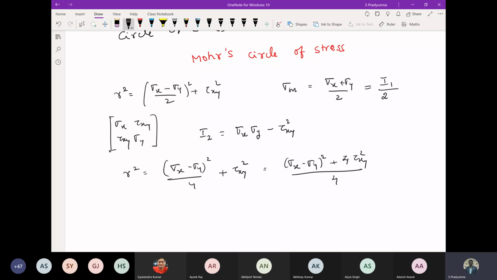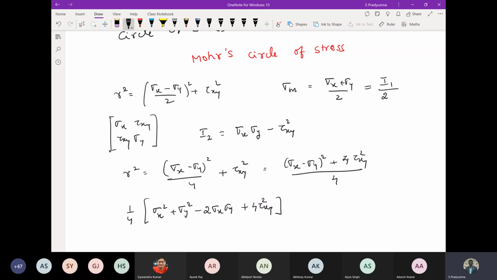I can write it as equal to 1 by 4 times sigma x square plus sigma y square minus 2 sigma x sigma y. I just expanded sigma x minus sigma y whole square, plus 4 tau xy square.